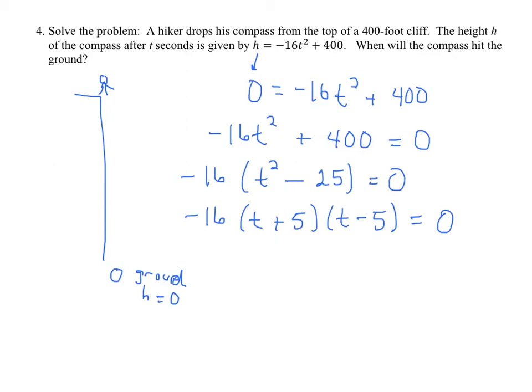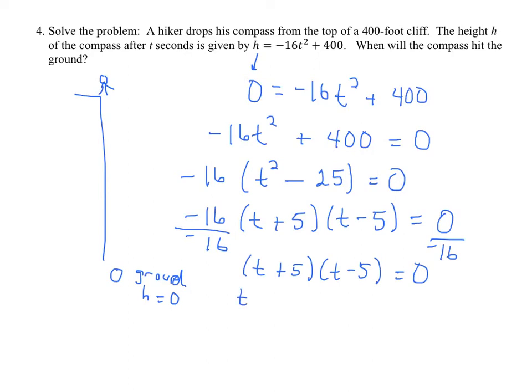So now I don't set negative 16 equal to 0 because it doesn't have a variable in it. I can divide both sides by negative 16 and get rid of it. You get t plus 5, t minus 5 equals 0.